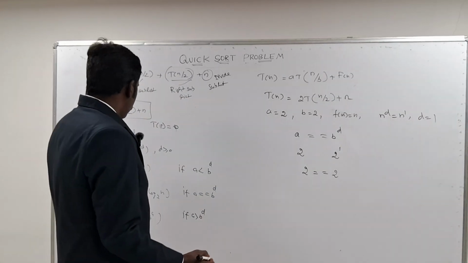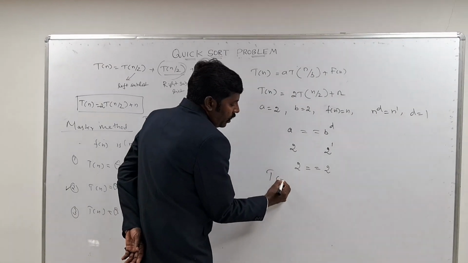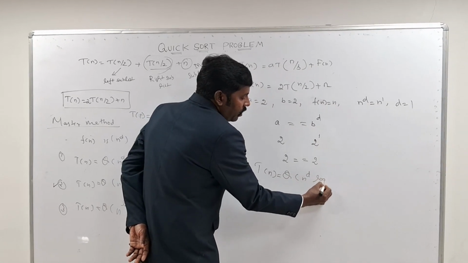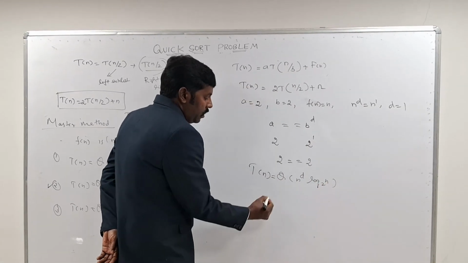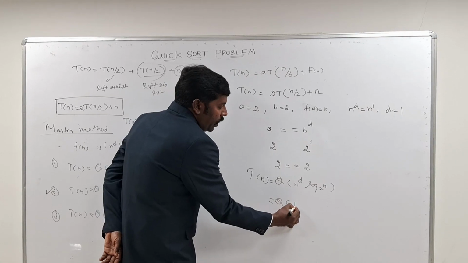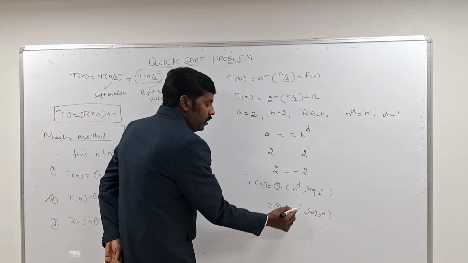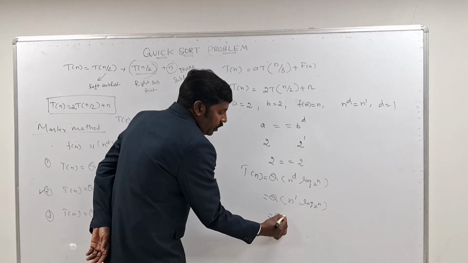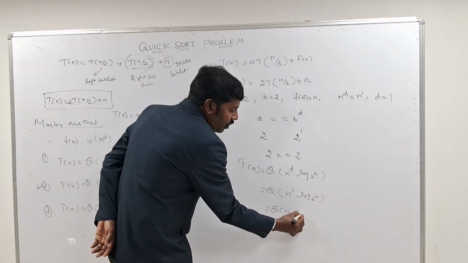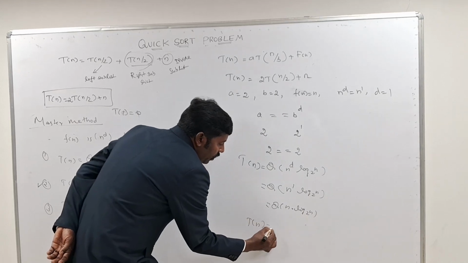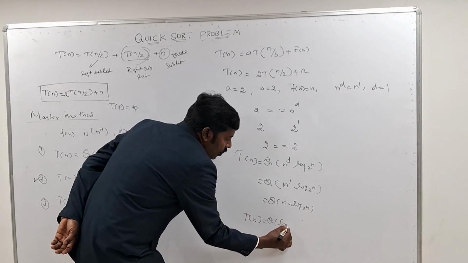The time complexity is T(n) = Theta(n^d log n), so with d = 1, Theta(n log n).